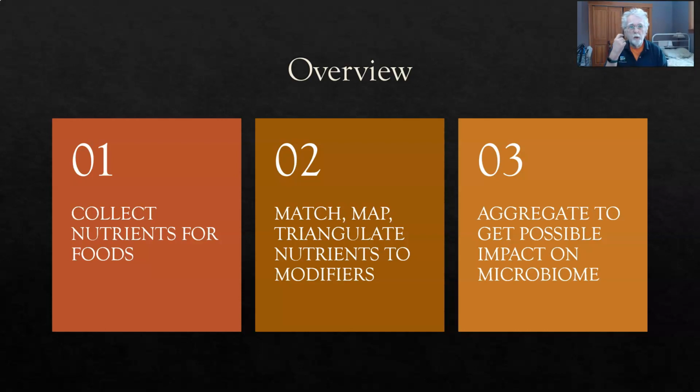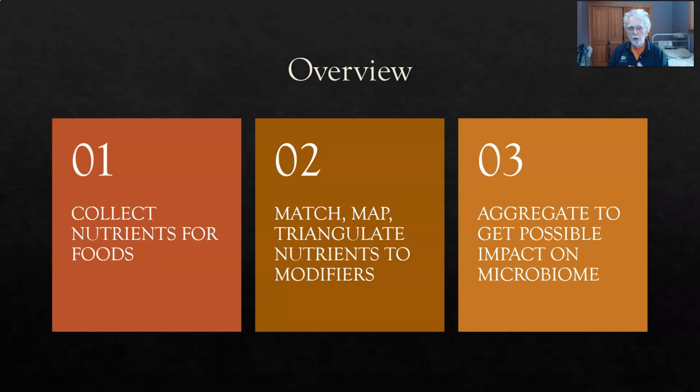So what we have to do is the second step. We have to match, map, or triangulate nutrients to modifiers, so that if something shows up as, say, pasta, well, we don't have studies on pasta's modification of the microbiome. We do have studies on high carbohydrate, high starch diets.